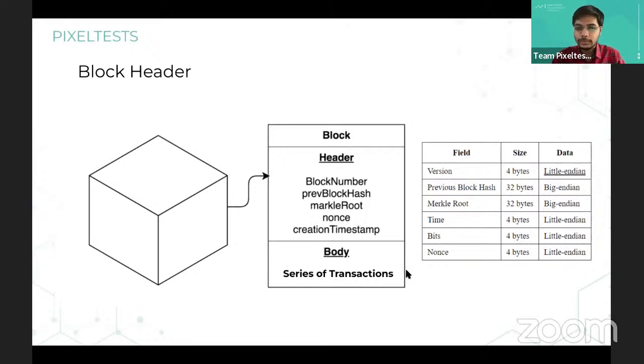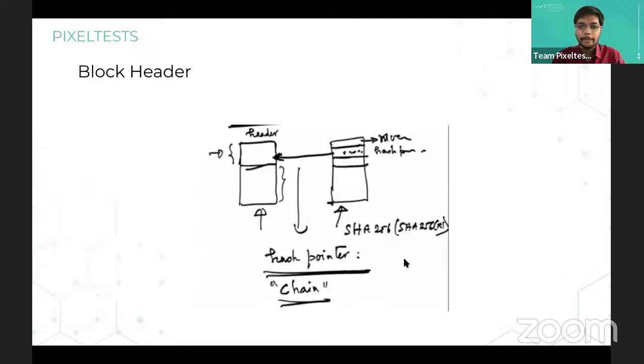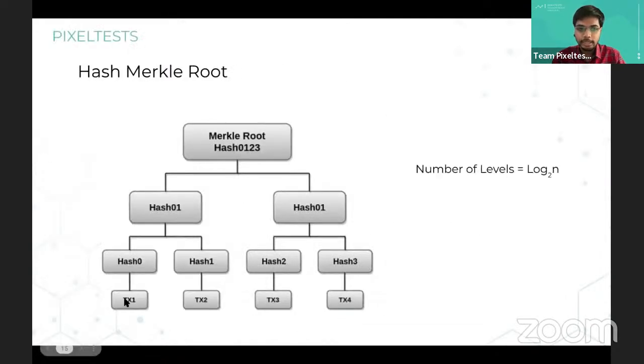Now, what was the Merkle root? All the transactions from 1 till n are first hashed individually. For example, if there are 2,700 transactions, there will be 2,700 hashes, and two hashes are concatenated together and hashed again.